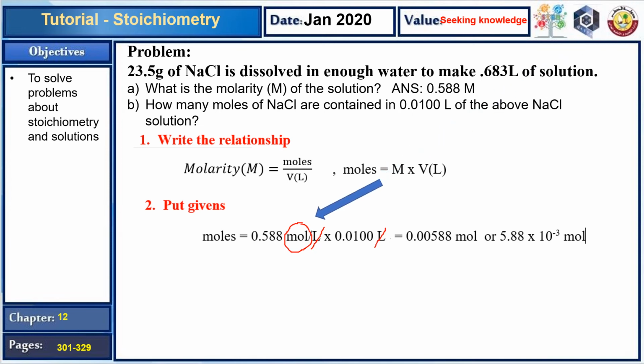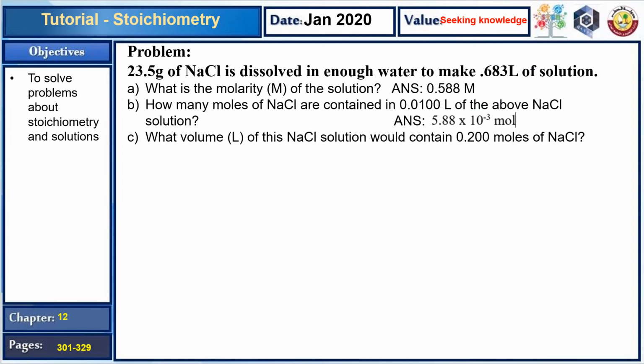Now we come to part C. The question is asking what volume of this sodium chloride solution would contain 0.200 moles of sodium chloride. Here again we don't need to write givens, we have already written them. We will write the relationship first.